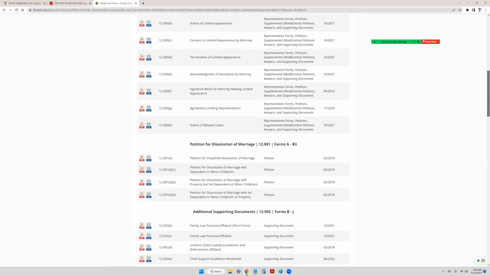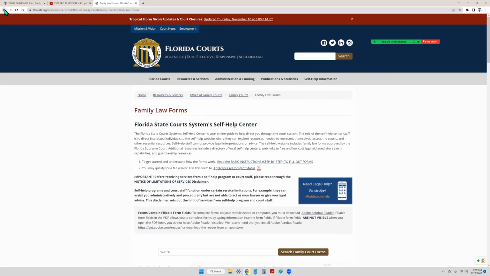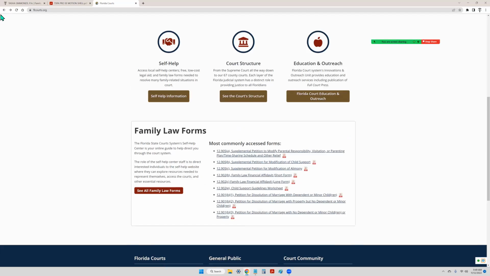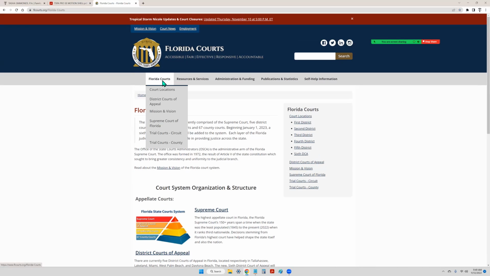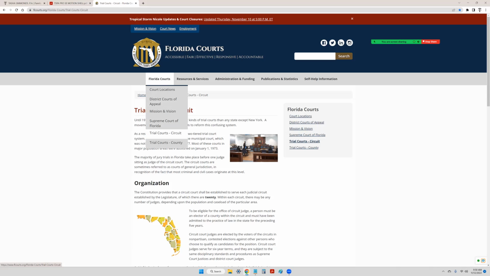That's where you're going to find them all. But the page that I was just on, that's the trial courts page, okay? So you're going to go to flcourts.org, click on Florida courts, and then trial courts. Or, they have it right here, trial courts circuit.